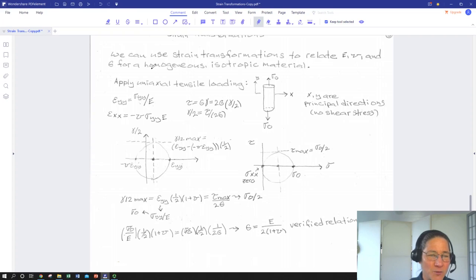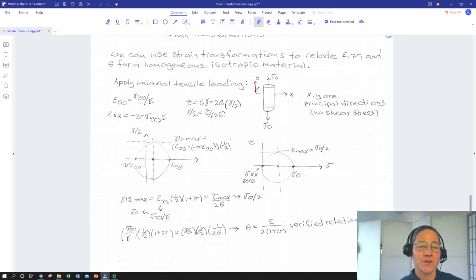And we're going to use a homogeneous isotropic material like steel that hasn't been cold rolled very much, or most thermoplastics that haven't been extruded. A lot of materials you work with are homogeneous and isotropic, and we're just going to apply uniaxial tensile stress as if we were doing a tensile test. So this is going to represent a lot of properties that you might look up in a handbook. They would be obtained this way.